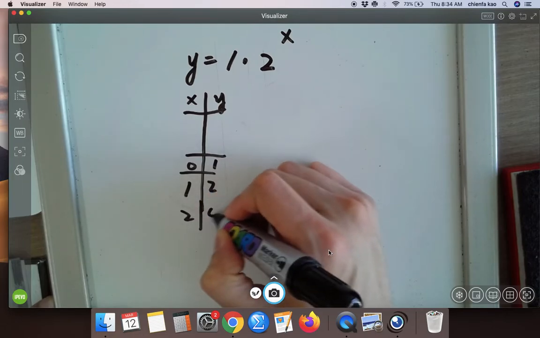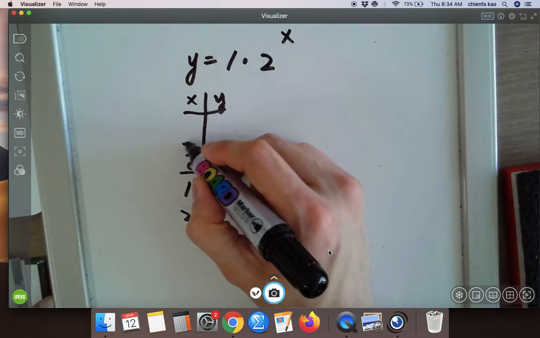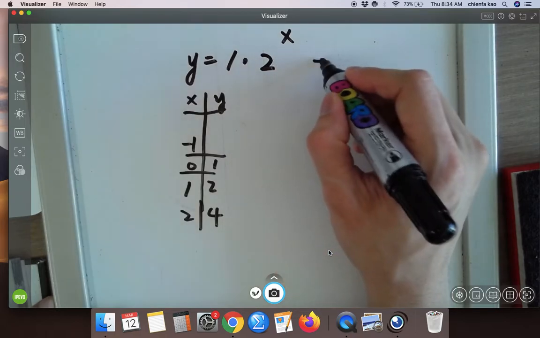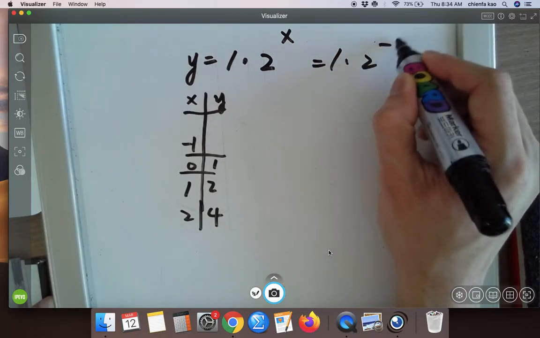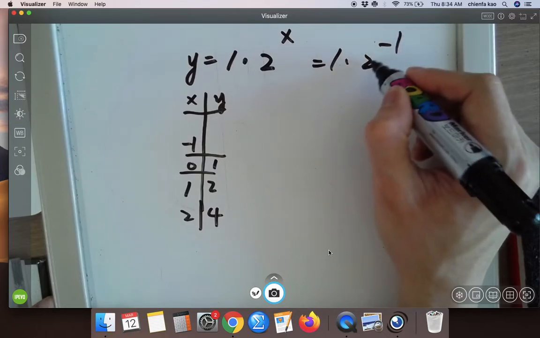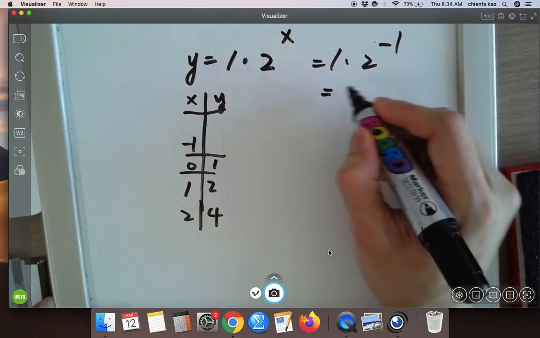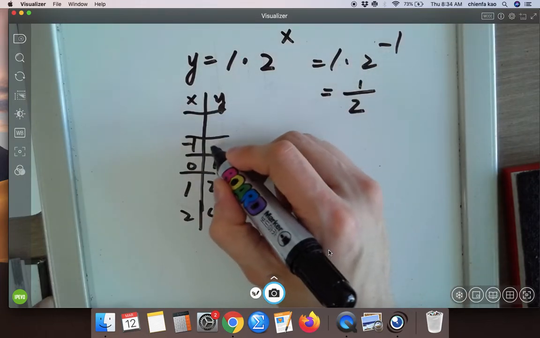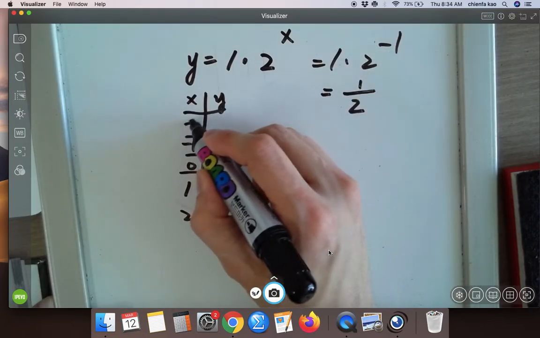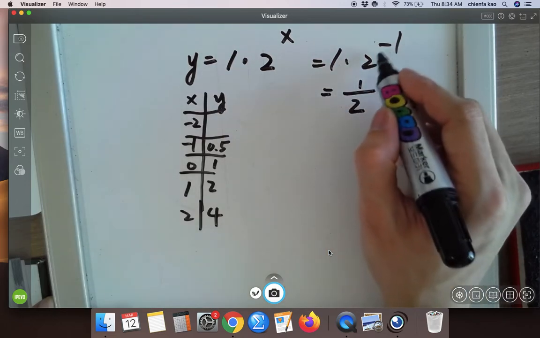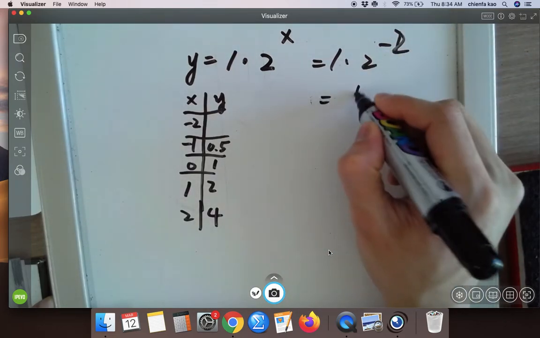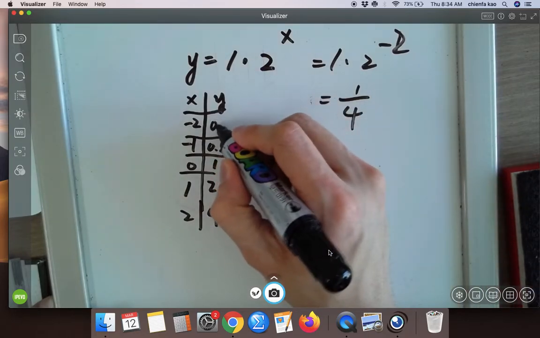If it's 2, you get 4. However, if it's negative 1, what do you get? Please don't forget, you learned this last unit. 2 to the negative first power is 1 over 2. 2 is placed at the bottom, so it's 0.5. If it's negative 2, 2 to the negative second power, it'd be 1 over 4, 0.25.